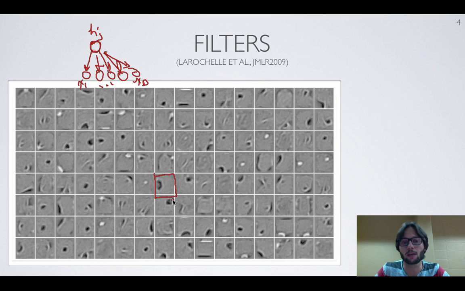Gray, in this visualization, corresponds to a weight equal to 0, whereas a white pixel corresponds to a positive weight, and the whiter it is, the more positive it is, whereas black corresponds to negative weights, and the darker the pixel is, the more negative the weight is.